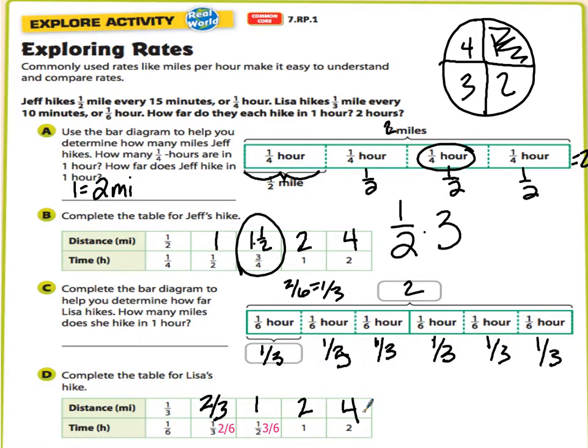Okay, so he was going to go 3 halves, because he was going to go for 3 chunks of 15 minutes. Okay, and number 2, neither hiker was faster. They were both going at the same rate because in 1 hour they both went 2 miles, and in 2 hours they both went 4 miles.